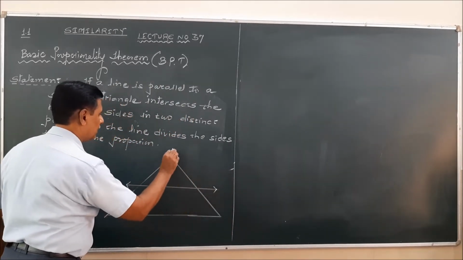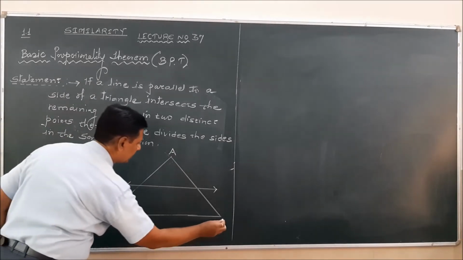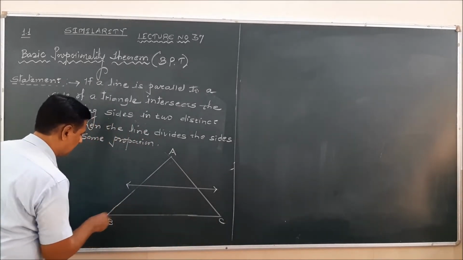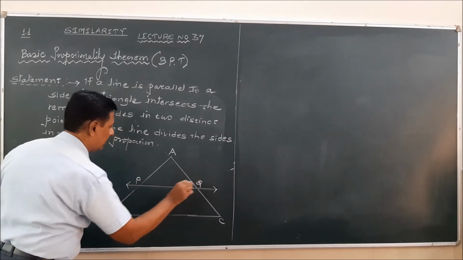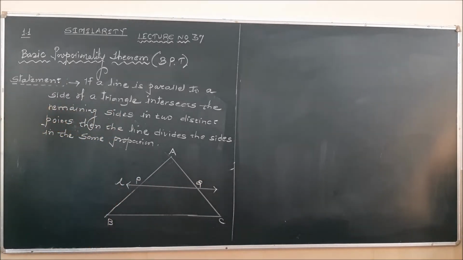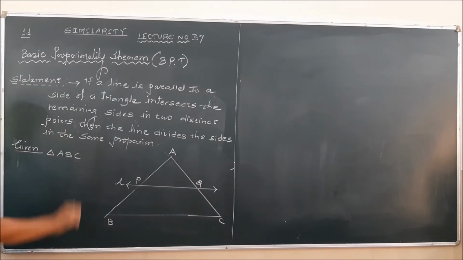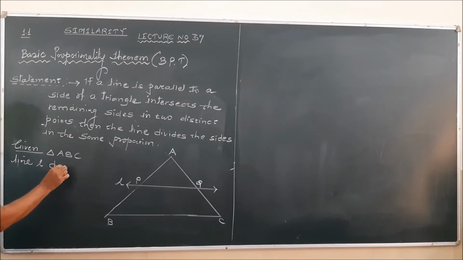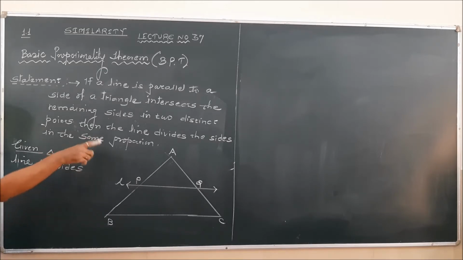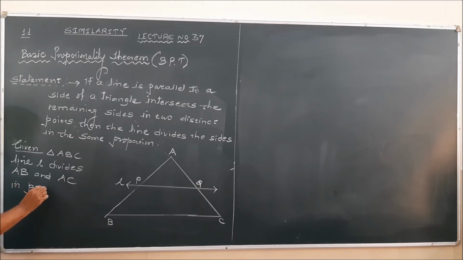So ABC is a given triangle. In this given triangle, you will find this is a line L. Okay, now given triangle ABC, line L divides AB and AC in points P and Q. Fine.